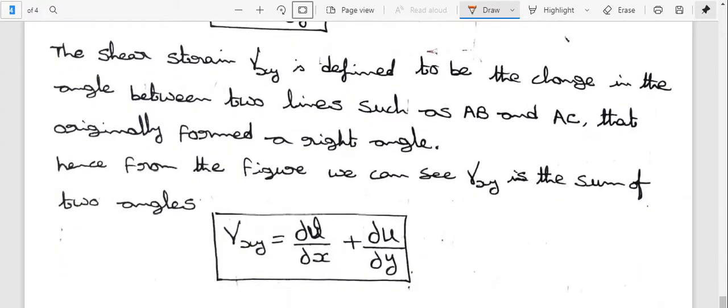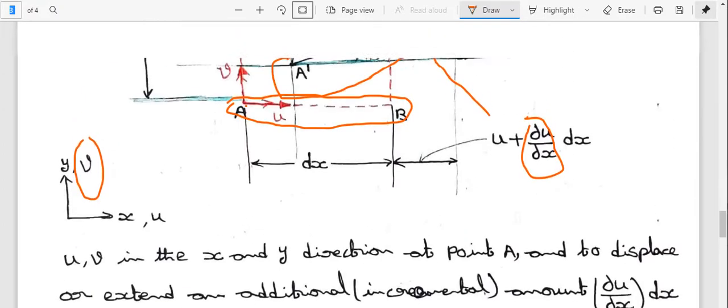The shear strain gamma xy is defined to be the change in the angle between two lines such as AB and AC that originally formed a right angle triangle. Hence from the figure we can see gamma xy.